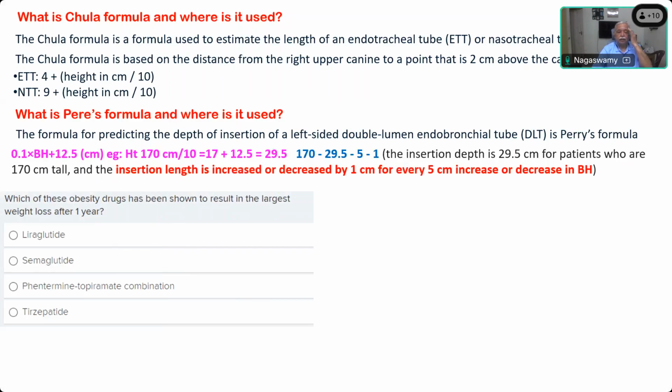Which of these obesity drugs have been shown to result in largest weight loss after 1 year? Liraglutide, semaglutide, phentermine-topiramate combination, tirzepatide.